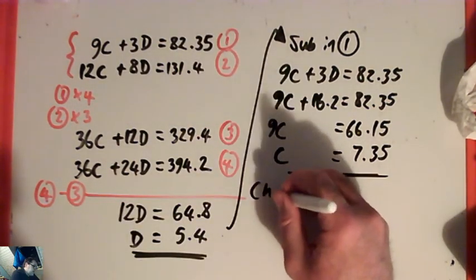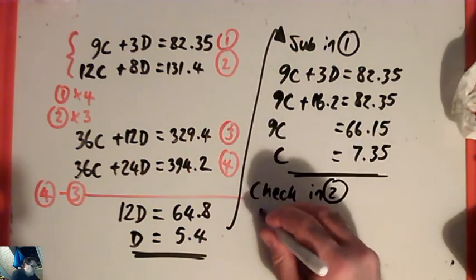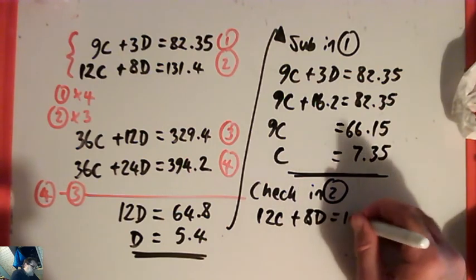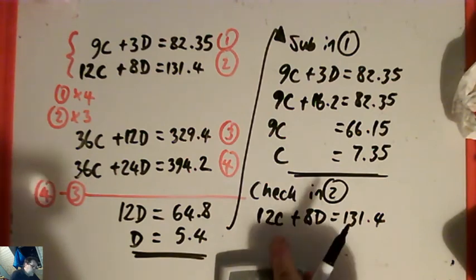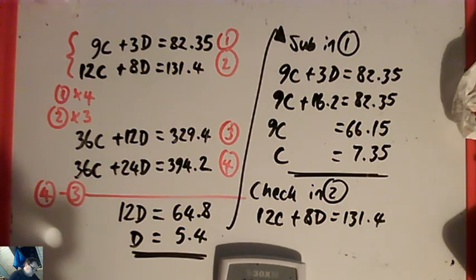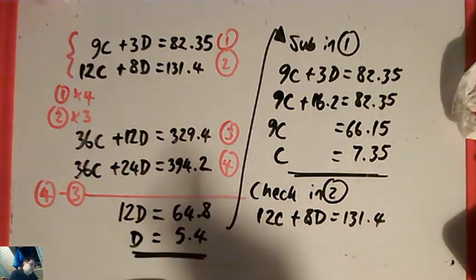Let's just check that in 2. So that was 12c plus 8d equals 131.4. So 12c is 12 times 7.35, which is 88.2.